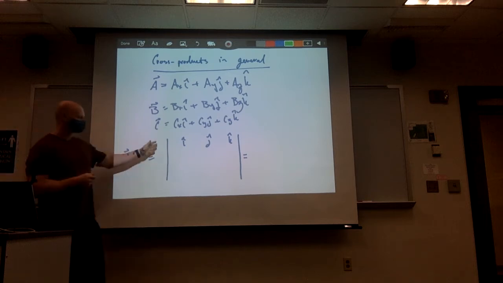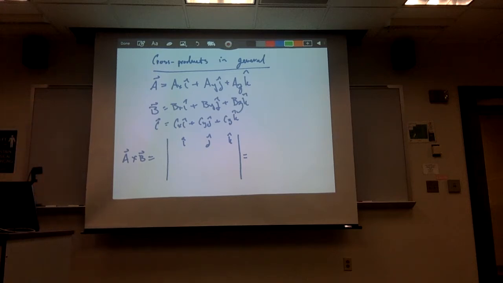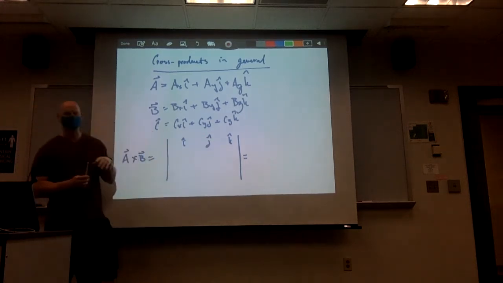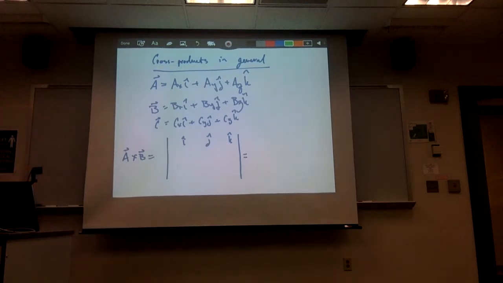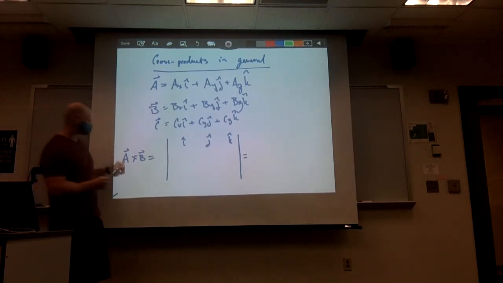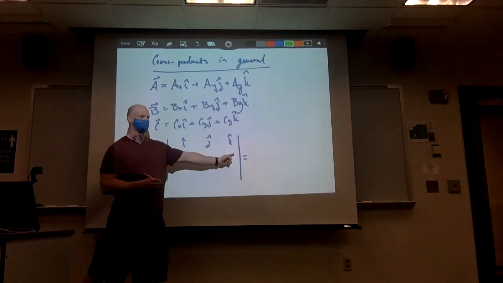The way this works is we set up a matrix, and then we take the determinant of this matrix. This is going to be a 3x3 matrix, where the first row is simply the directional property: an i-hat, a j-hat, and a k-hat. My second two rows are the components of A and then the components of B. Along this row, I put the components of A, AX, AY, AZ.